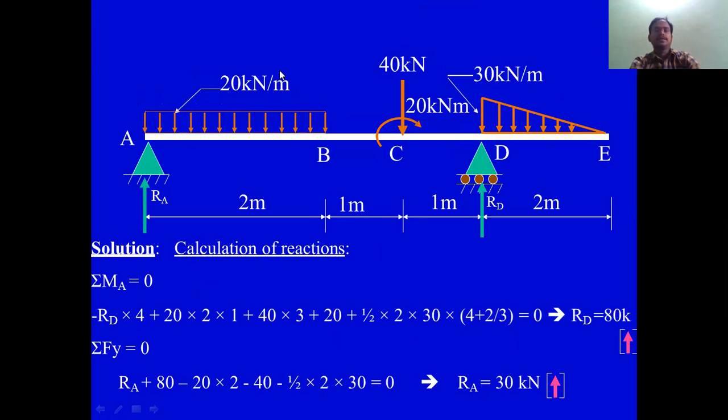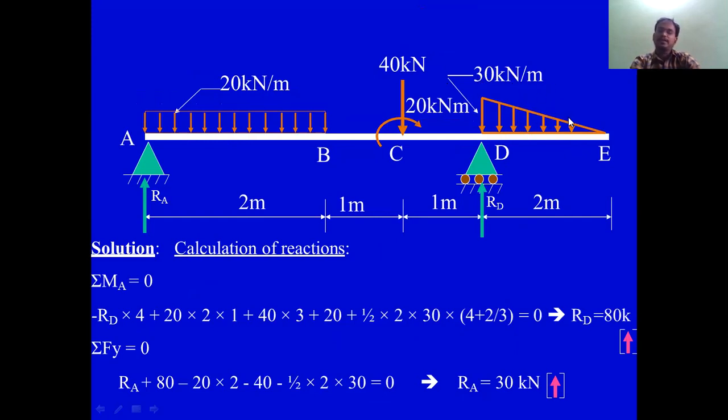The 20 kilonewton per meter load acts as a concentrated force at its center, its span is 2 meters. And we have the UVL, its span is 2 meters, and it is 30 kilonewton per meter.